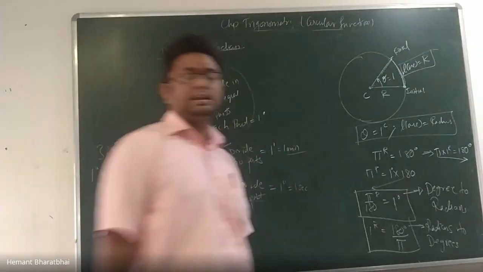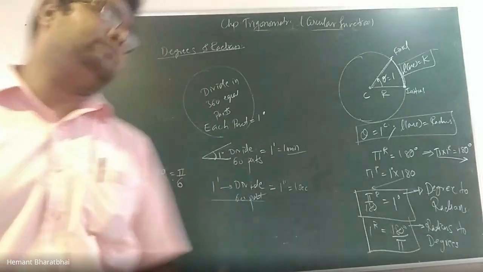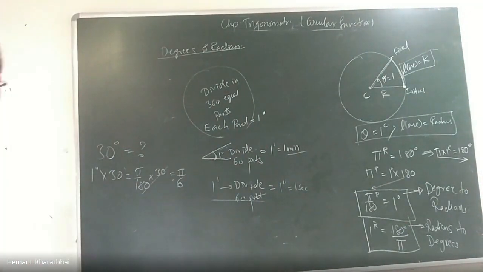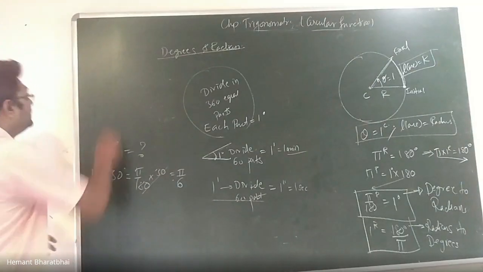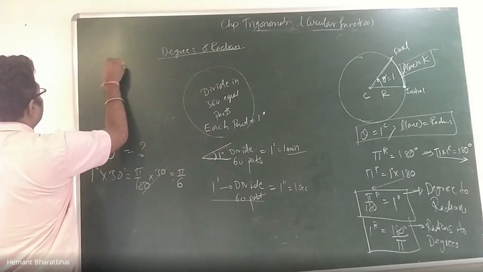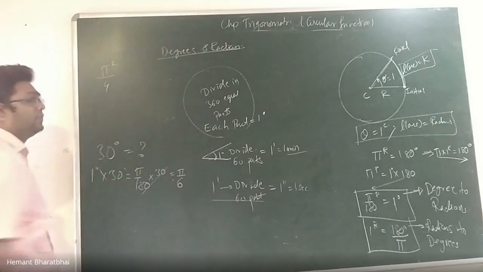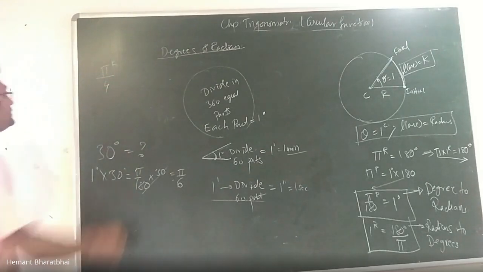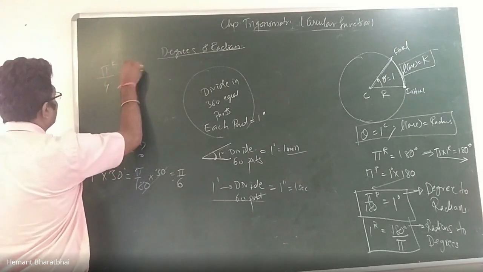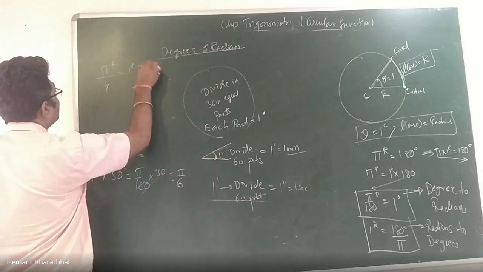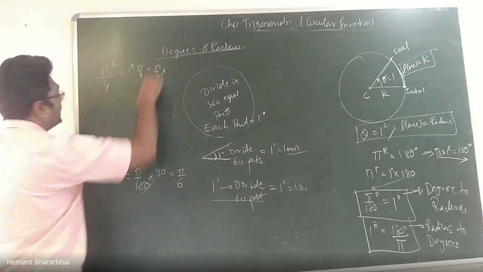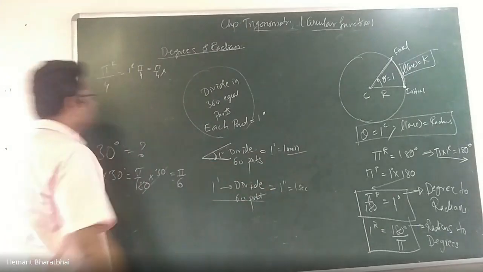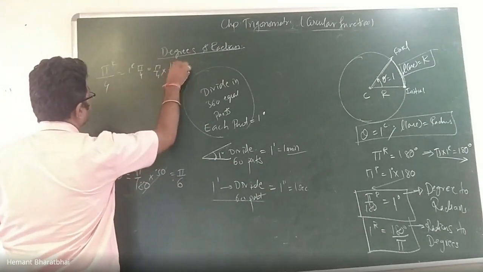If the values are given in radians and you want to convert them into degrees, then you can use this formula. Suppose you want to find out how much is pi by 4 radians. You can write it as 1 radian into pi by 4. 1 radian can be written as 180 by pi, so I'll write it as 180 by pi.